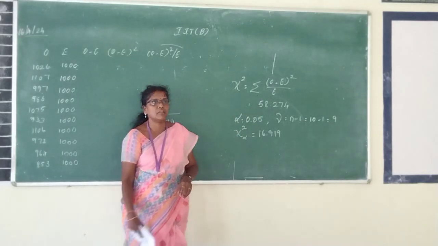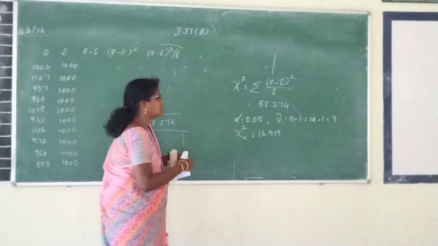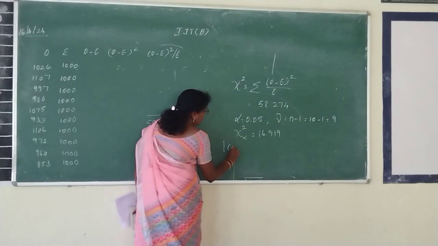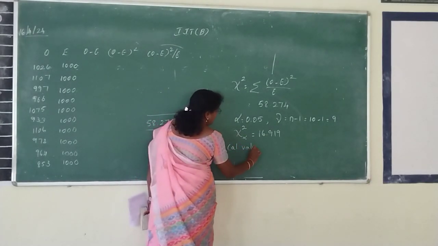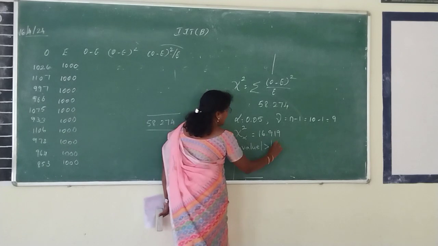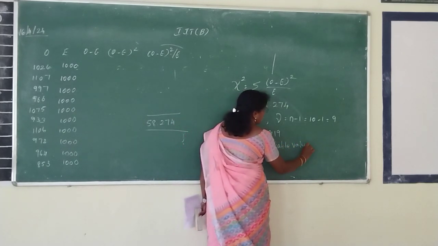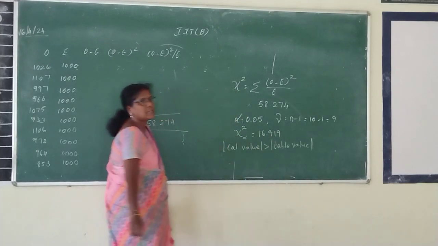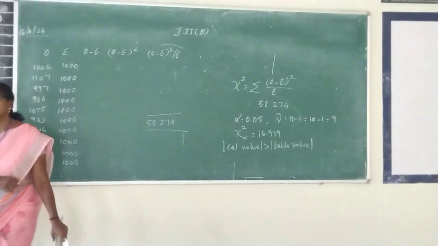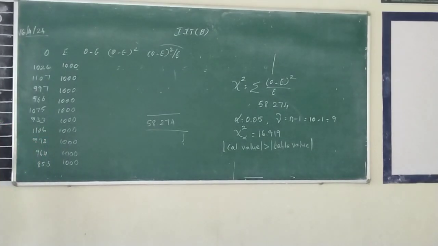So write the conclusion. Since modulus of calculated value is greater than modulus of table value, reject H0. Reject H0 means the statement in H0 is false, so H1 is true.